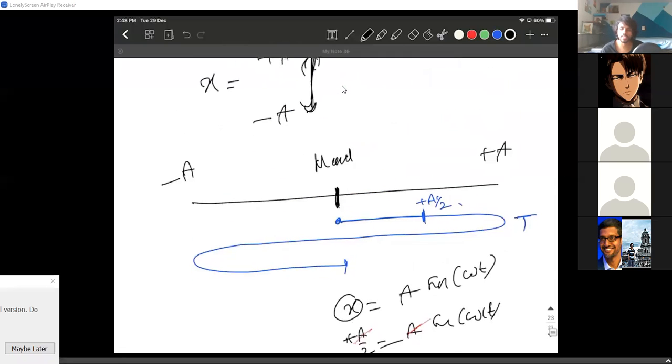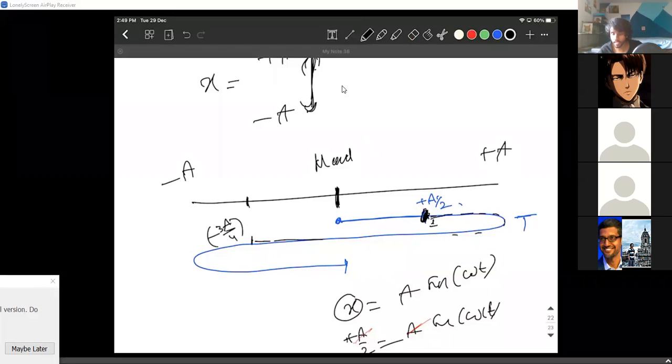Even though it's not the entire motion, now I can find the time for the particle to get to some point. Or let us say I want the time from here, this is called 1, all the way to a point at minus 3a by 4. Sorry, there should be a minus on the other side, right?